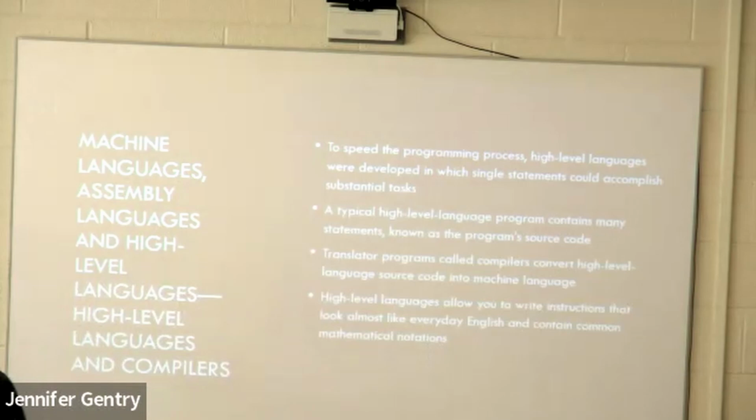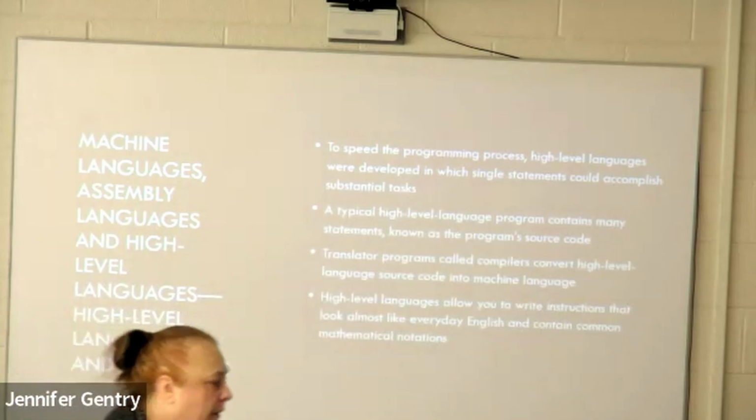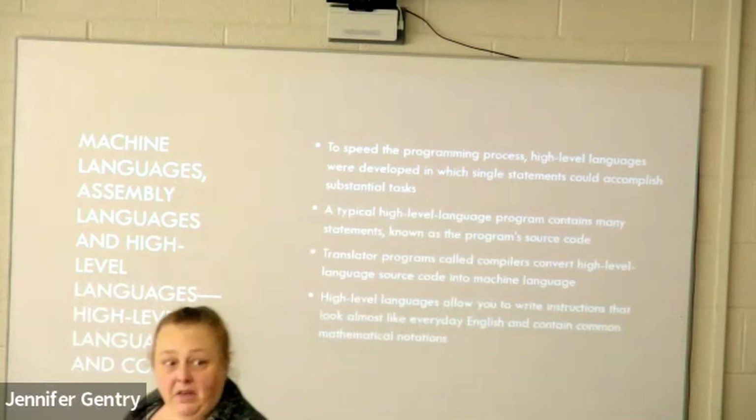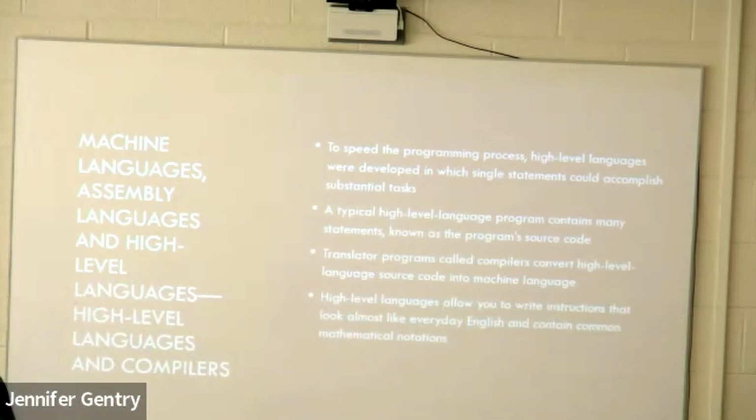Translator programs: there's a difference between a translated program and a compiled program. Python is a translated program. C is a compiled program. They're different. Python, typically you can type in a command and run it line by line as you type. In a compiled program, you need to write the entire program, compile everything, and then run. So it's slightly different.